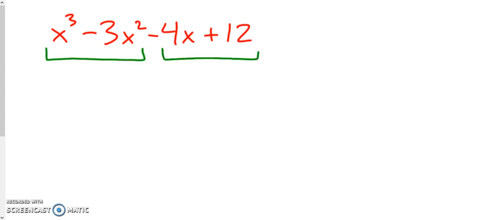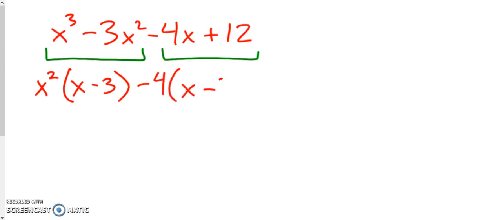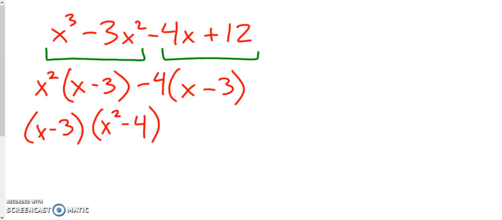Greatest common factor on the first piece is x squared, x minus 3. On the second piece, notice I can take out negative 4, and that changes the signs to x minus 3 there. I could pull out the x minus 3, and I'd have x squared minus 4.